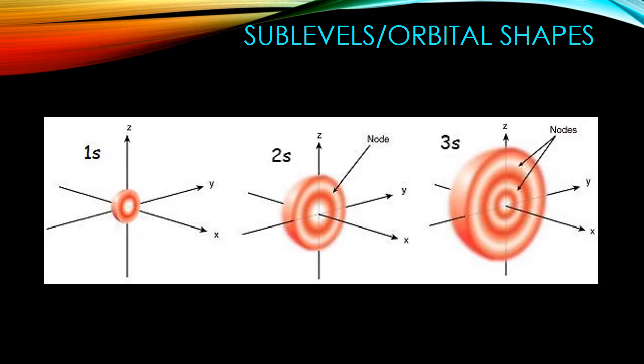There was only one thing I really didn't like about this slide, and that is by the time you've gotten to the third energy level, if you want to think of it as the third floor of the apartment, in the second energy level, there are p orbitals available.